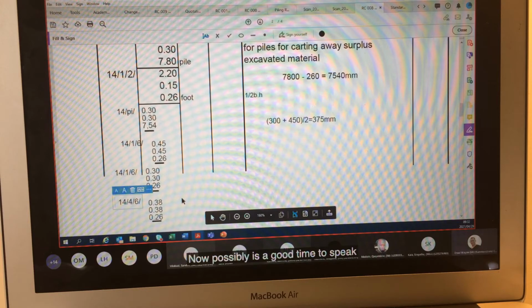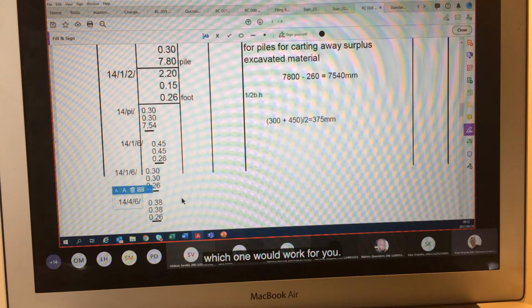Now possibly is a good time to speak about that, to determine which one would work for you. First method, sir. You prefer the first method? No, that's great. Yes. You work with whichever one would be good for you.